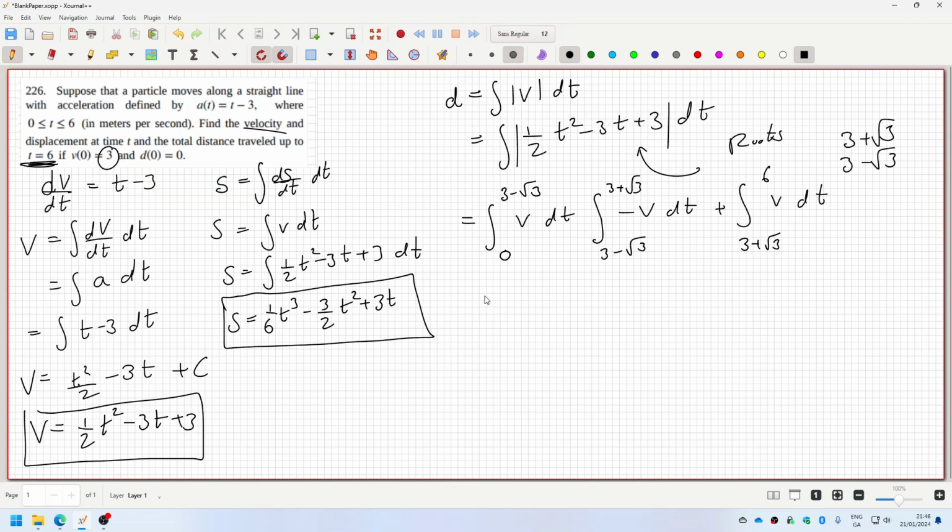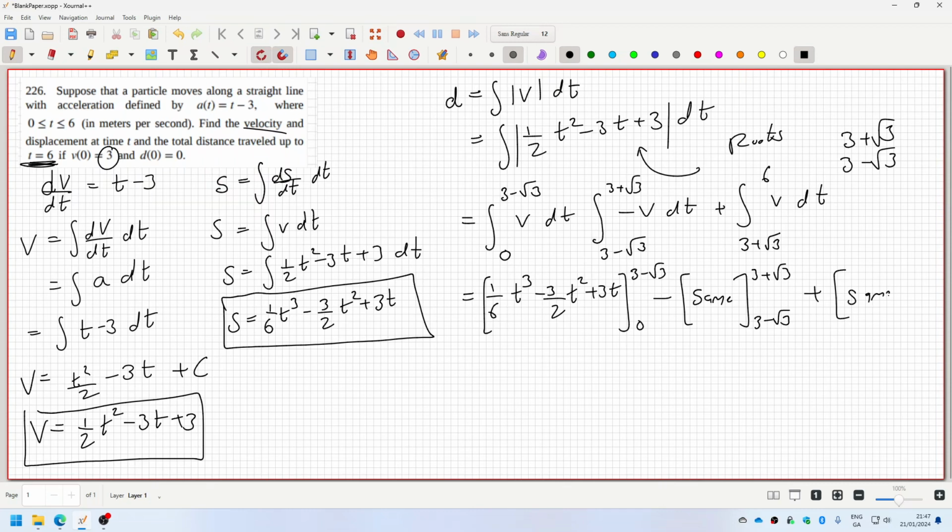So that would be a sixth t cubed minus 3 over 2 t squared plus 3t, 0 to 3 minus root 3, minus integration of the same thing, 3 minus root 3 to 3 plus root 3, plus, and then the same thing again, 3 plus root 3 to 6.